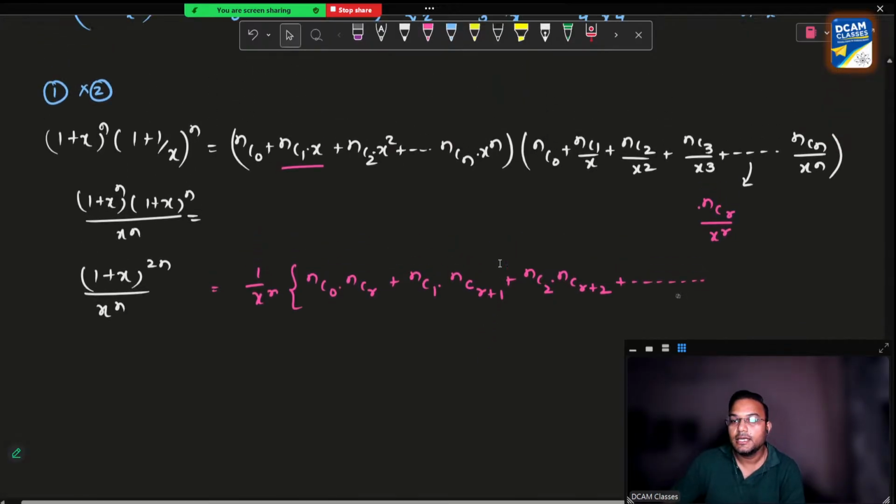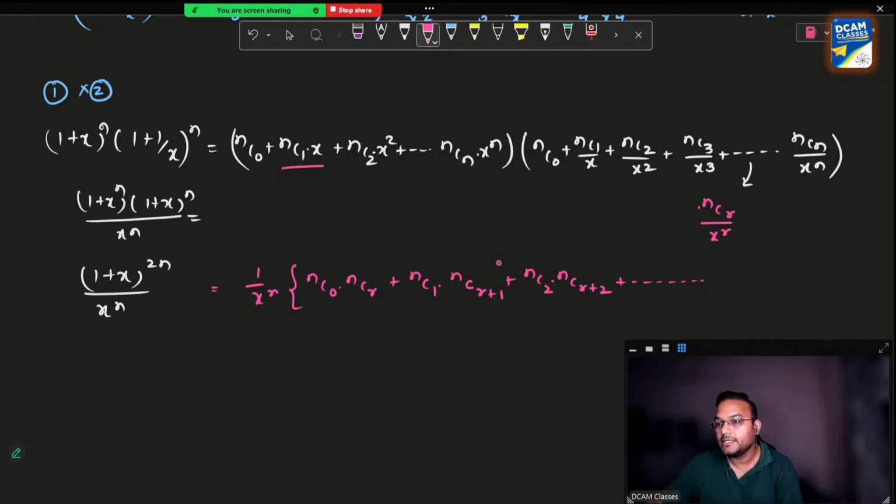See, I have taken this. This is one term: nCr by x power r plus nCr plus 1 by x power r plus 1 will be there, plus nCr plus 2 by x power r plus 2 will be there, right? In the middle some terms will be there.